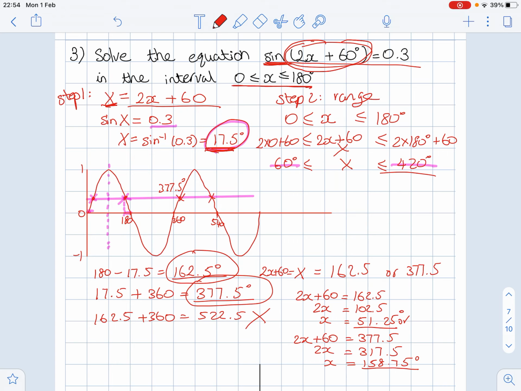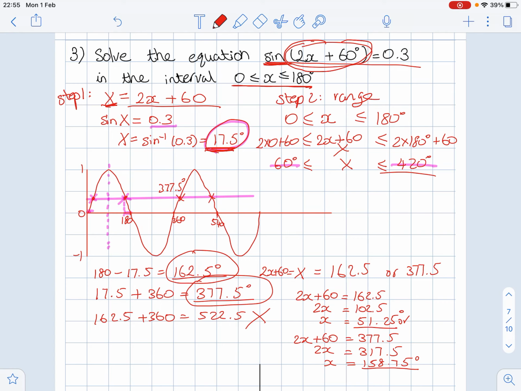Always start with your question. So I have x between 0 and 180. Then I look at what I replaced my x with. So what did I do to my x? I have 2x plus 60, so this is my new value.